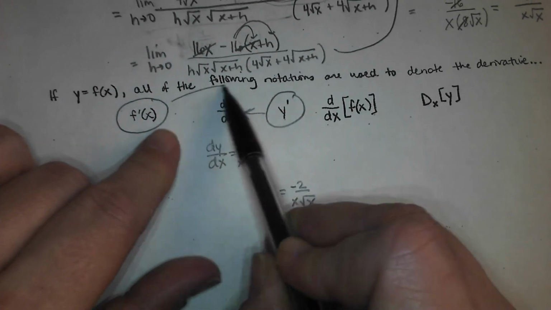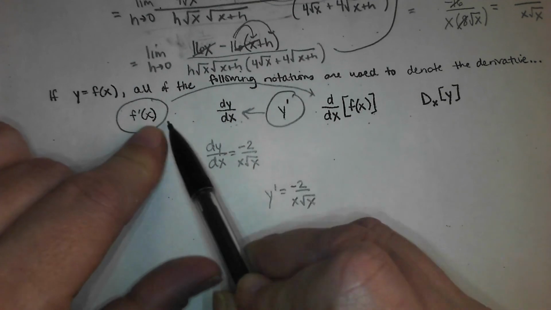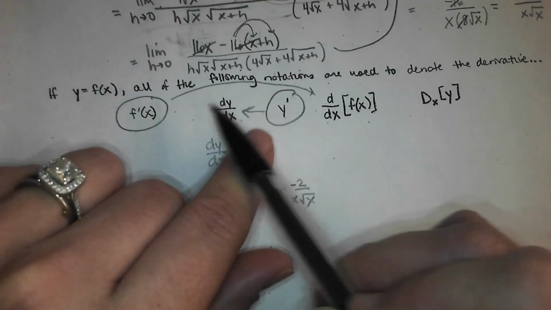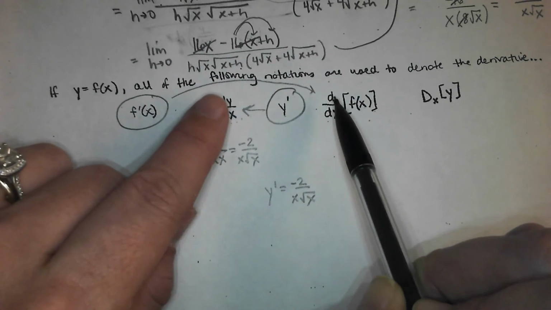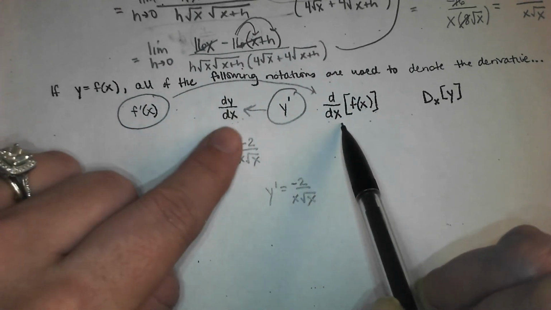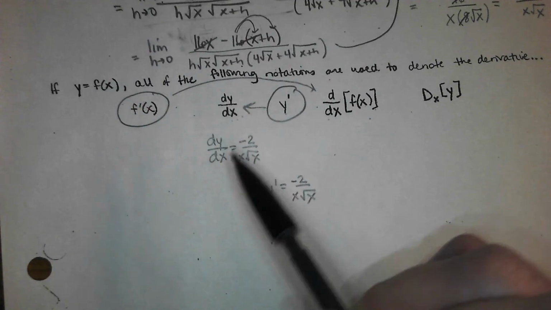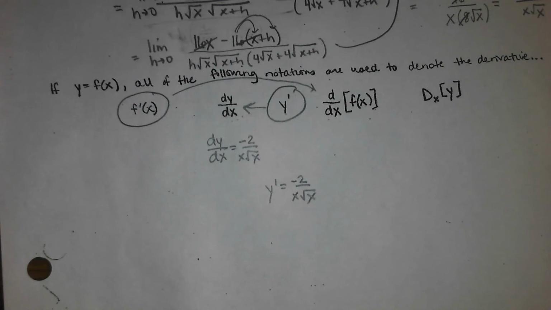And that's all this one is too. If it's f of x, rather than doing f prime, they might do d f of x dx. That's the same thing as dy dx. Everybody see that? So just different notations. Nothing that you do is different, other than when you see those notations, know what they mean.